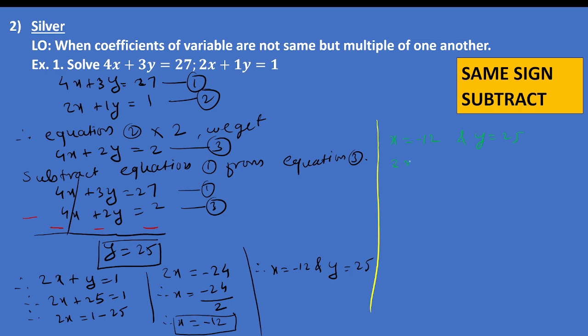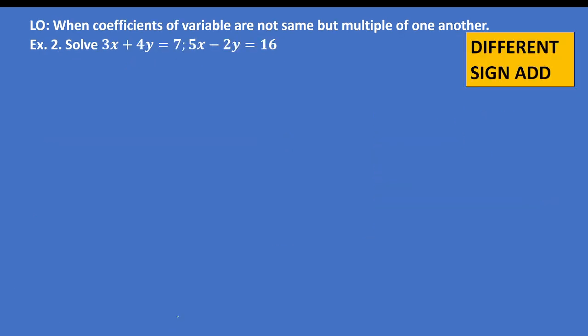So it is 2x plus y equals 1, which is 2 into minus 12 plus 25 equals, on the right hand side 1 will remain the same, and on the left hand side it is minus 24 plus 25, which is coming out to be, no, it is plus 1 actually, minus 24 plus 25 is plus 1. So 1 equals 1, hence my left hand side equals the right hand side, hence we got the correct answer. So now let's move to the next example.